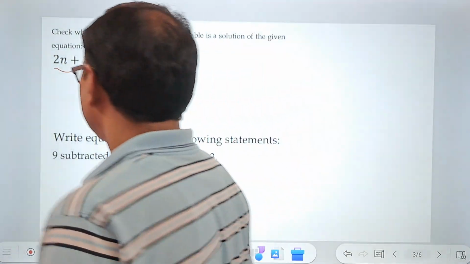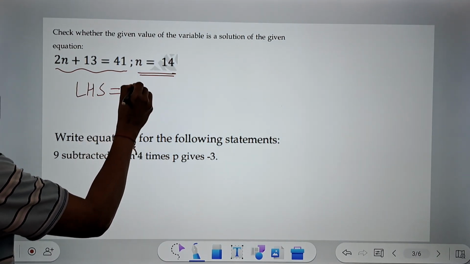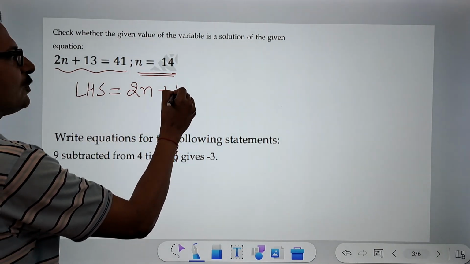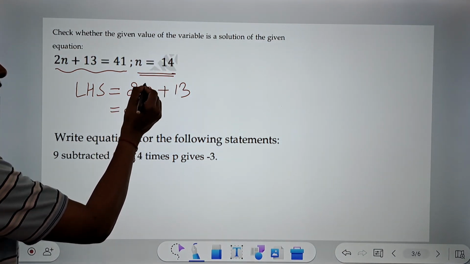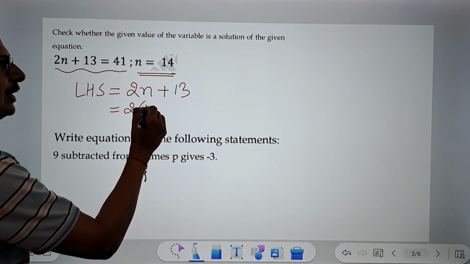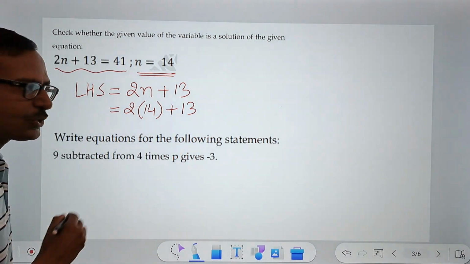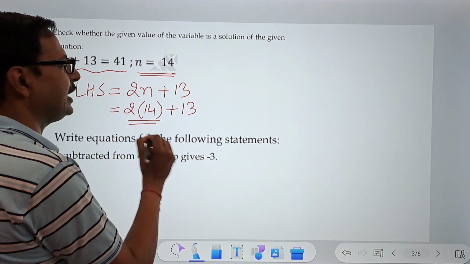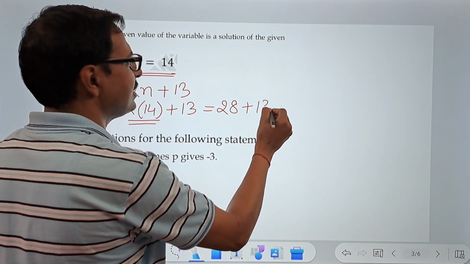Let's check here. You can see the left hand side of the equation is 2n plus 13. So what happens when you put n equal to 14 here? This 2 is multiplied by 14 now, and we will add 13 to the result. So what do we get? 2 times 14 is 28 and we add 13 to the result.